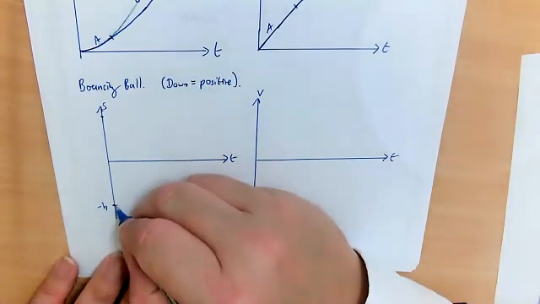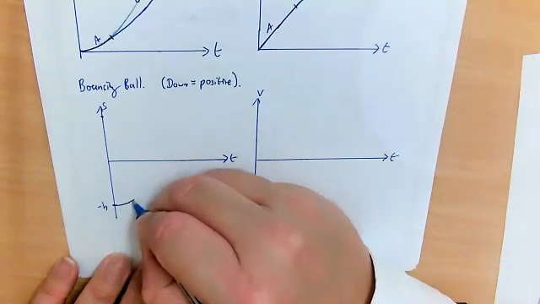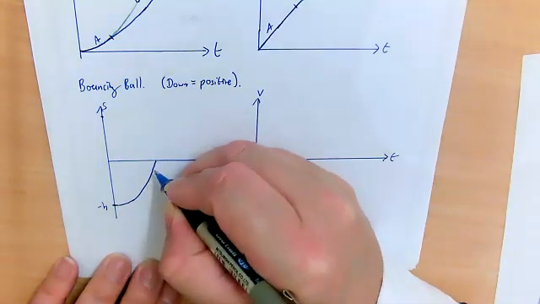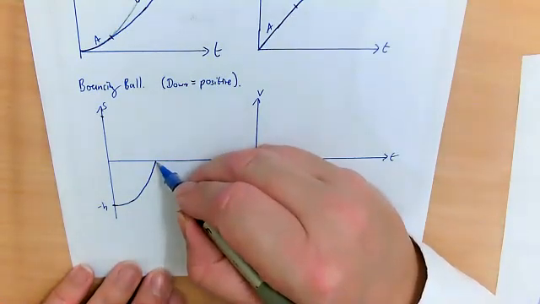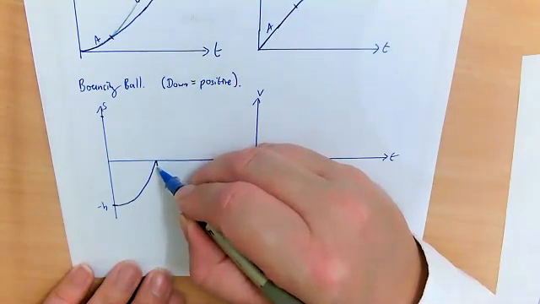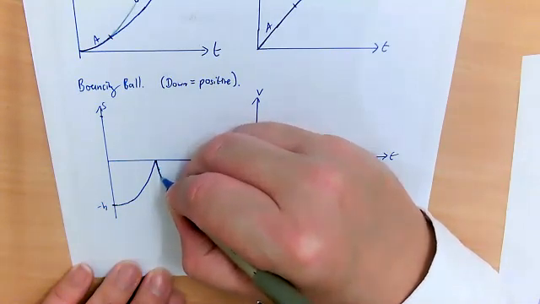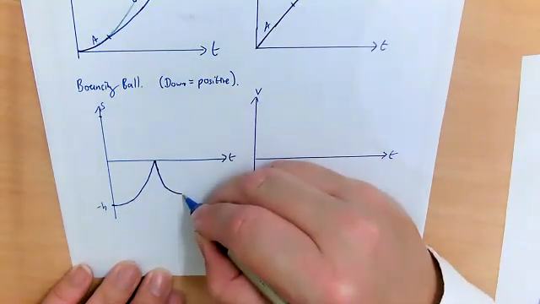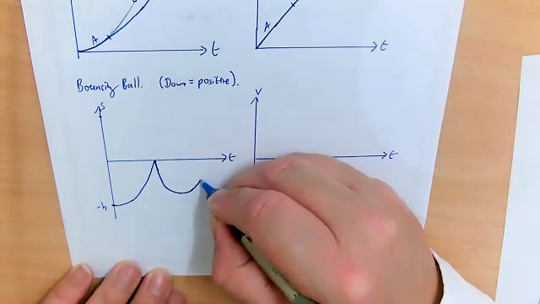Now, in time, we know that the ball, while it's being dropped, will accelerate. So the gradient will increase from 0 up to a certain value. And then obviously it'll bounce. As it bounces, it will decelerate upwards, so its gradient will decrease until eventually it has levelled off, and then it's moving back down again.